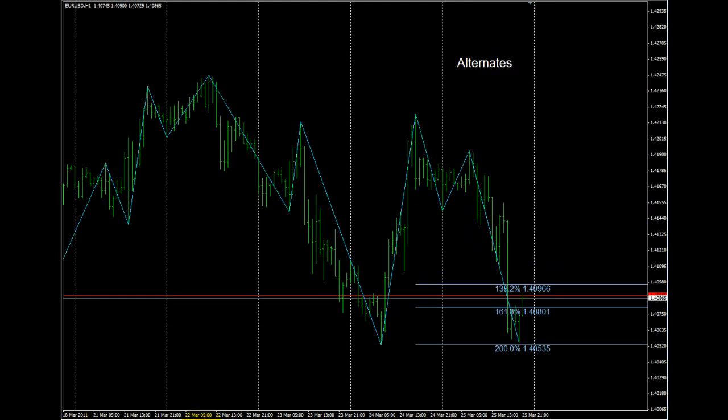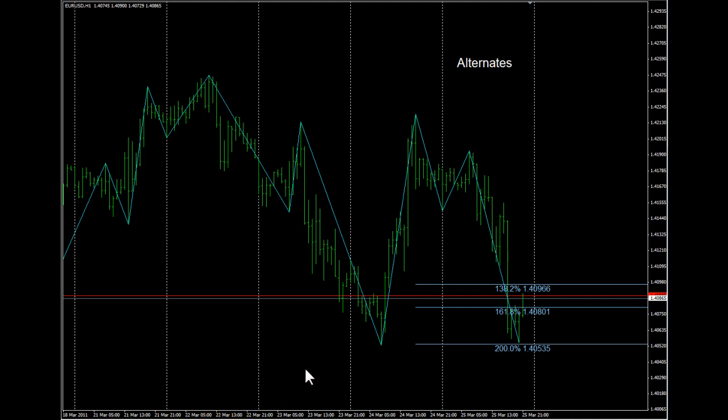Now, alternates is a fun one because just like the name implies, you are starting at an alternate point. And that's why I caught myself doing the mistake later. The way I remember these is that alternate is the only study that starts out at a different time point or a different pivot than the swing it originated from.